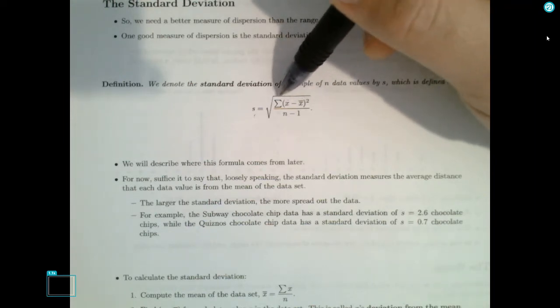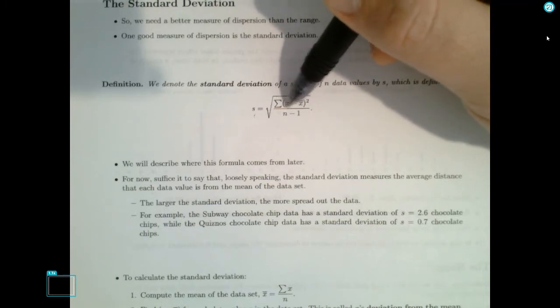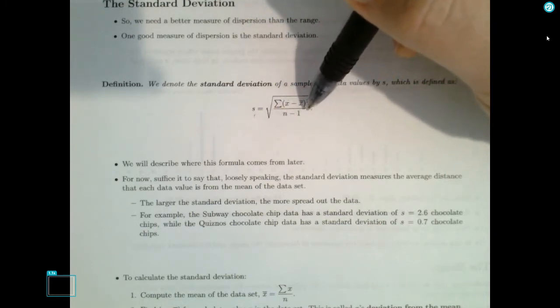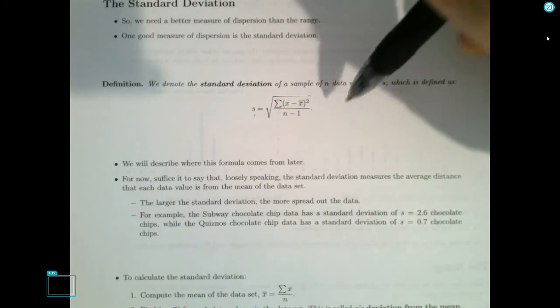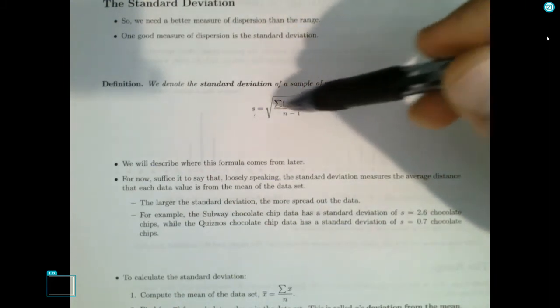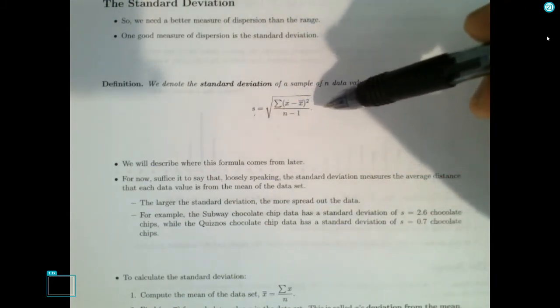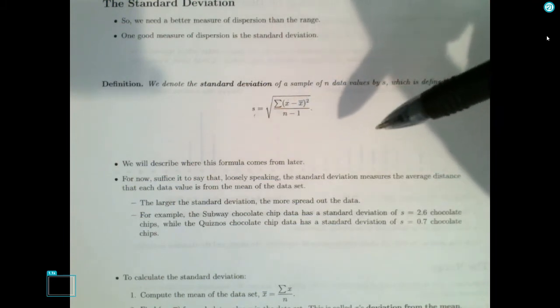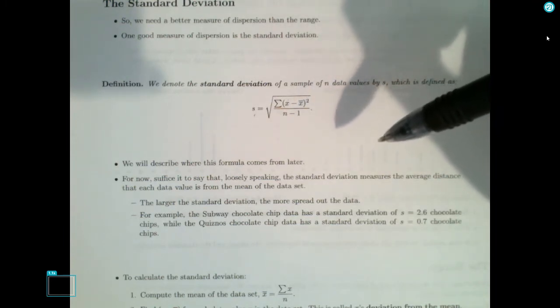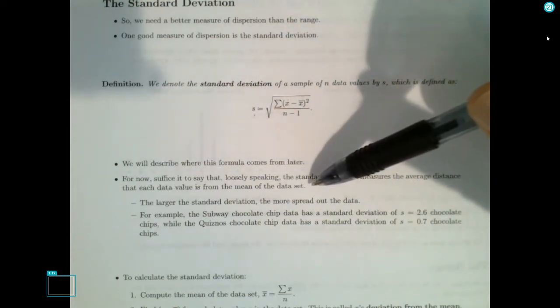You're adding up those distances, and then dividing by n-ish. So S is trying to measure the average distance from the mean of each data value. That's the general concept of what the standard deviation measures.